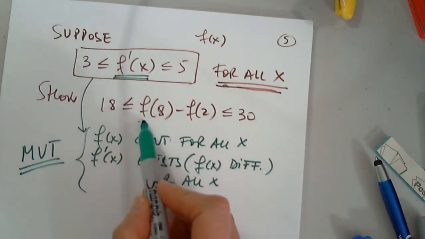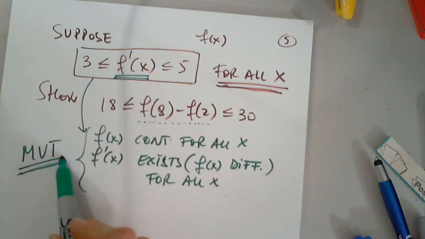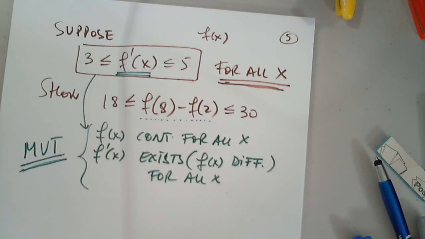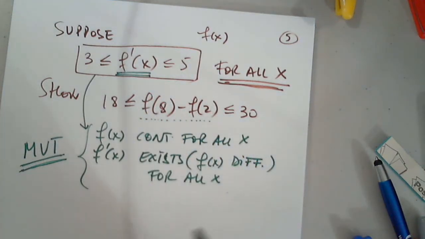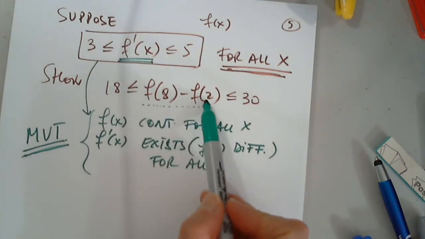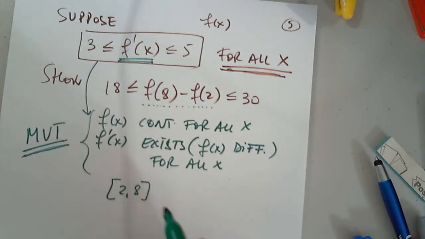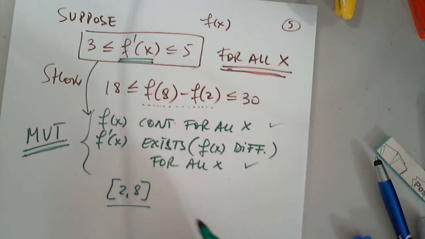But the fact that I'm looking at f of 8 and f of 2 makes me believe that they are triggering the mean value theorem, not Rolle's theorem, because of the difference. Now I'm really looking at the interval 2, 8. So the function is continuous and differentiable for all, including, of course, 2, 8.